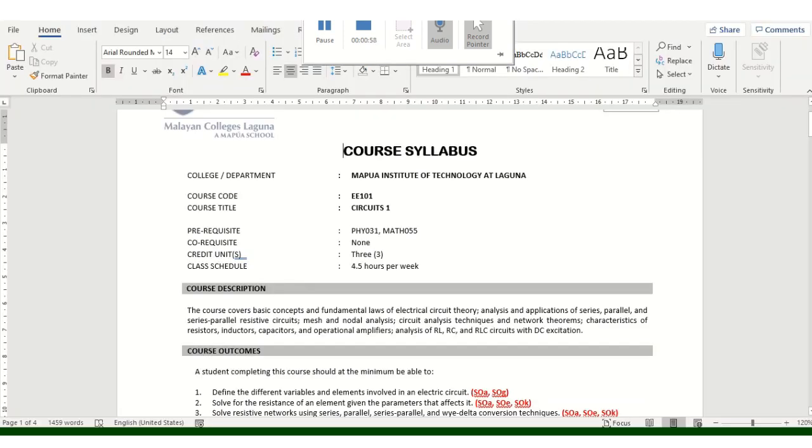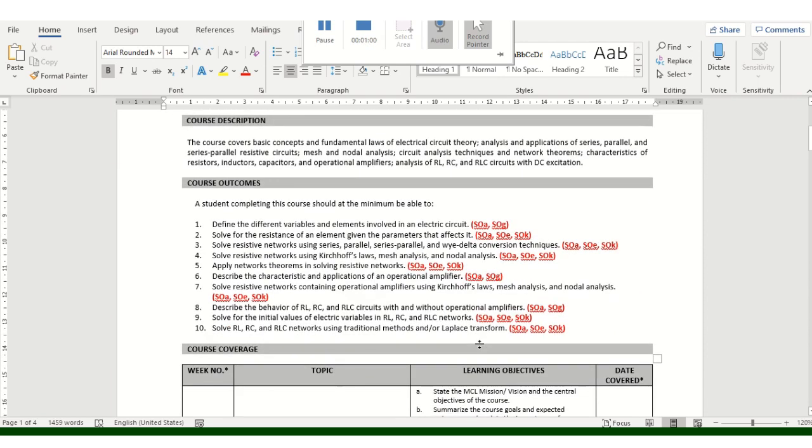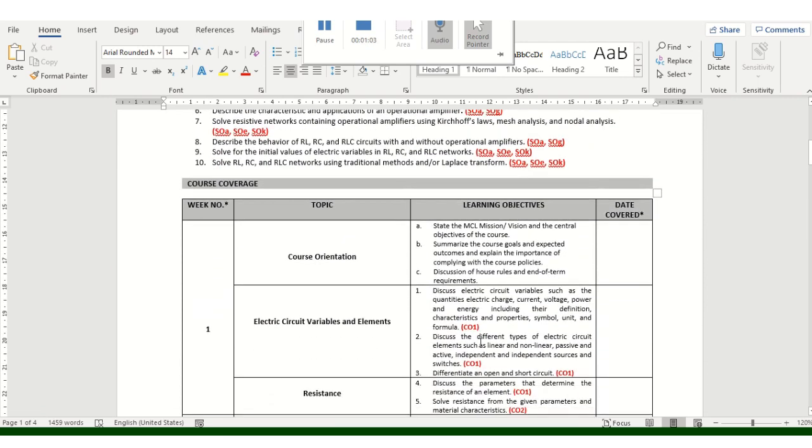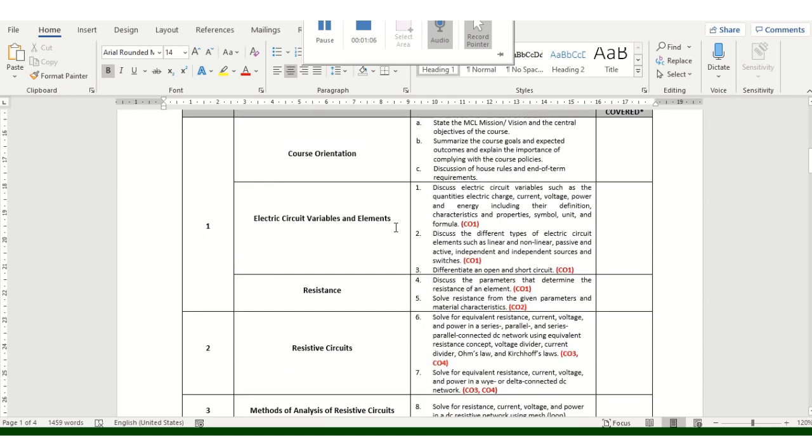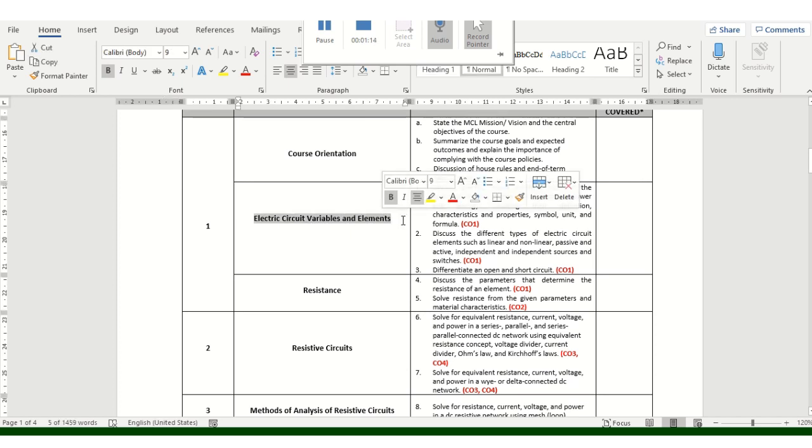So going back to our course syllabus, on the first week the discussion will focus on the introduction to electric circuits, where we're going to define an electric circuit and the variables and parameters associated with it, and what the elements are that comprise an electric circuit.